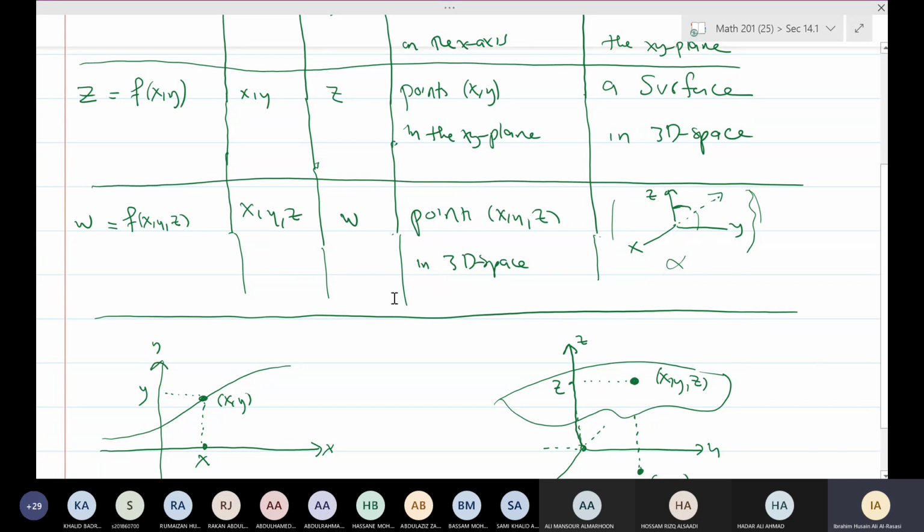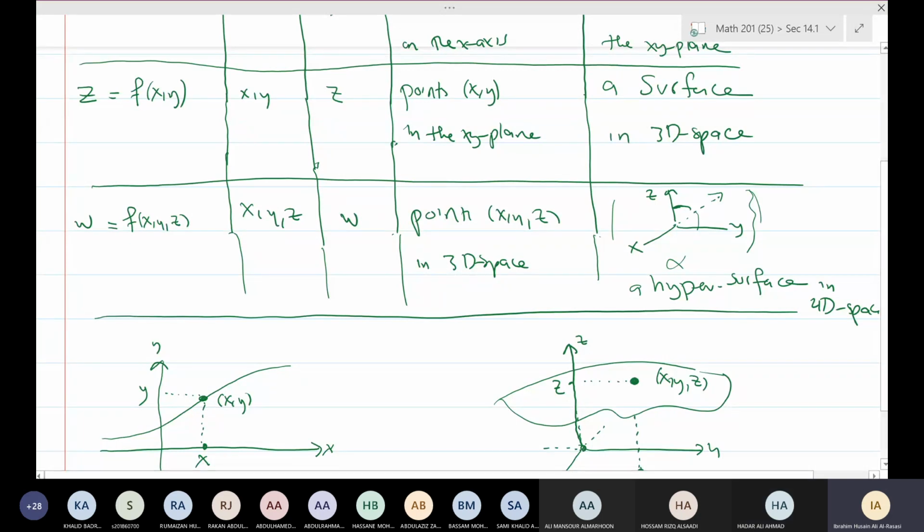So really, we cannot graph such a function. So what is the graph? We cannot graph it, but in mathematics they call it a hypersurface in 4D space. Even by computer, you cannot do it.